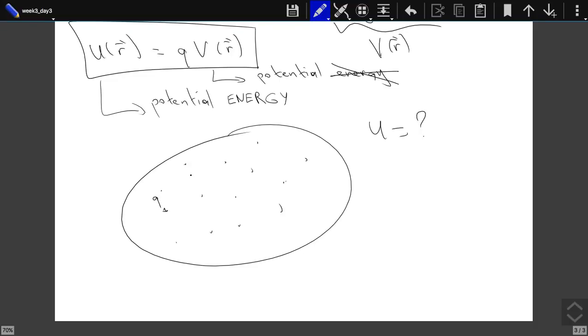Let's say this is charge Q1, Q2, and Qi, etc. If they're all positively charged and we release the system, letting the charges free, then the charges will speed away from each other, converting this potential energy into kinetic energy.